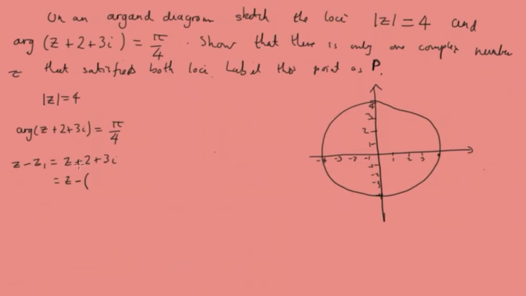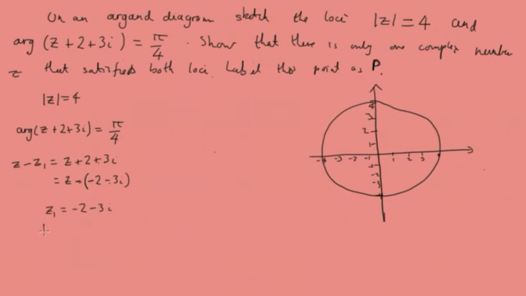This is a positive here, plus 2, but we have to have a minus here, so that must be minus 2 because they'll cancel to give us a positive. Similarly, this is plus 3i, this must be minus 3i because the two minuses become a positive. So our z1 is equal to minus 2 minus 3i.